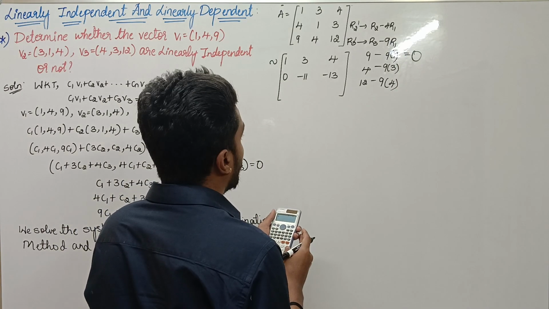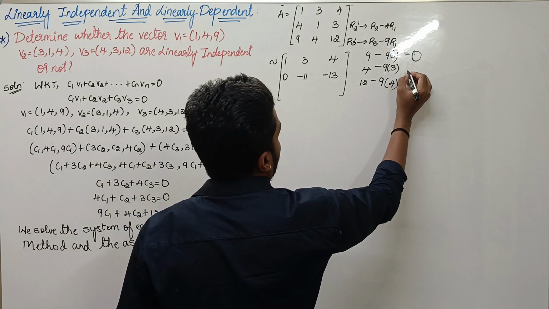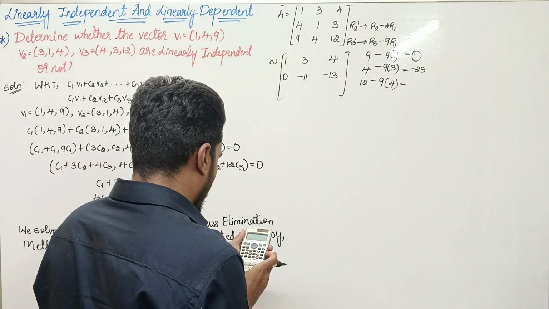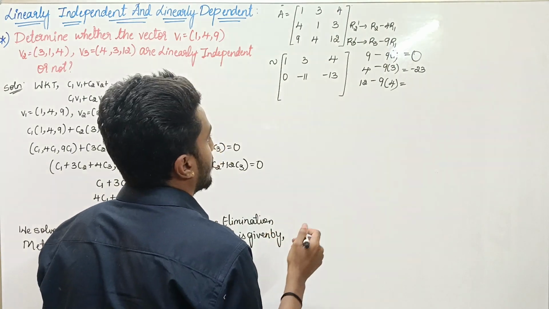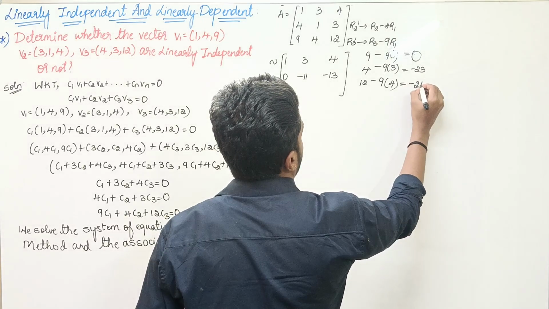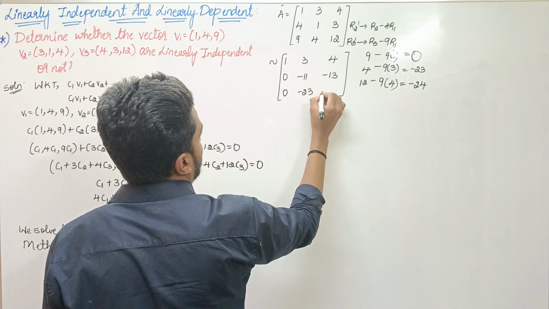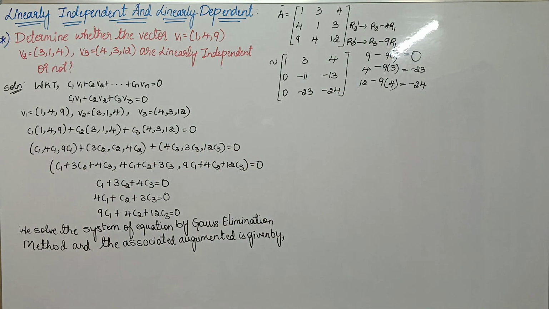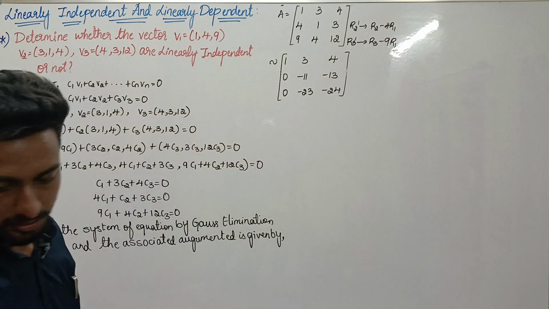Next, 4 minus 9 into 3 gives minus 23. The last, 12 minus 9 into 4 gives minus 24. So we get 0, minus 23, minus 24.